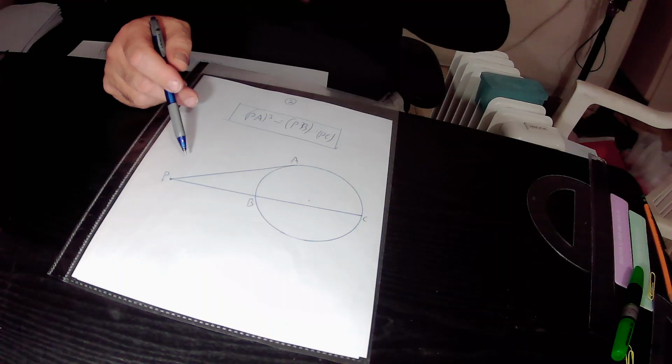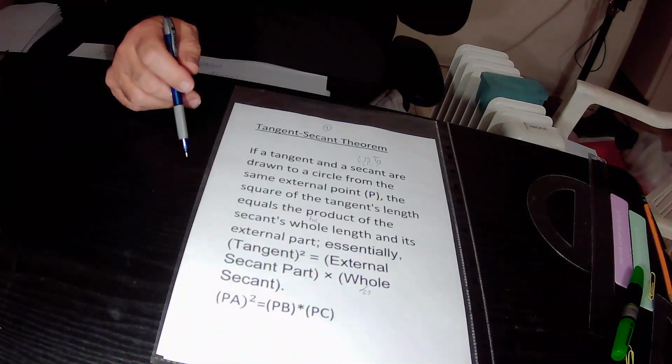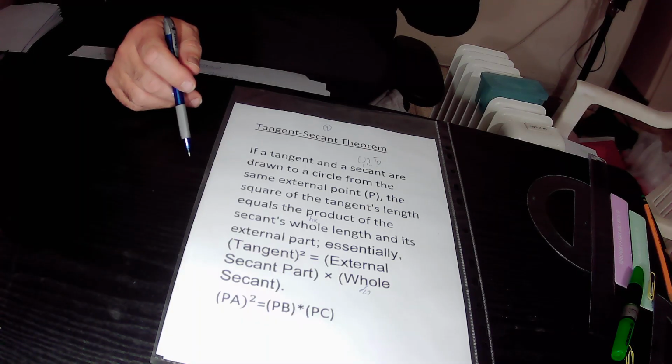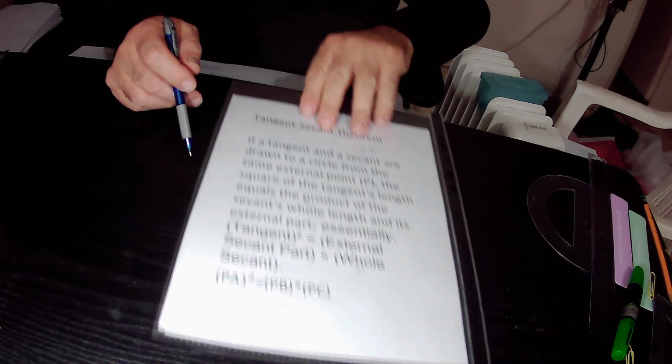In this domain, the following equation is true: the square of the tangent's length equals the product of the secant's total length and its external part.